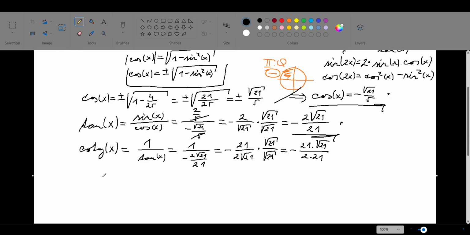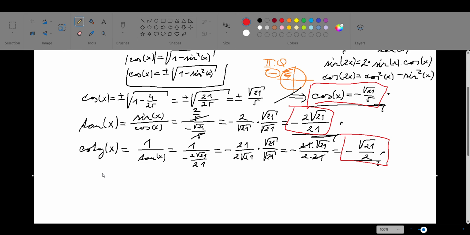And as you can see, you can simplify this one, where 21 will cancel with this 21, and the result is negative square root of 21 over 2. Okay, so we already have the values of cosine of x, tangent of x, and cotangent of x.